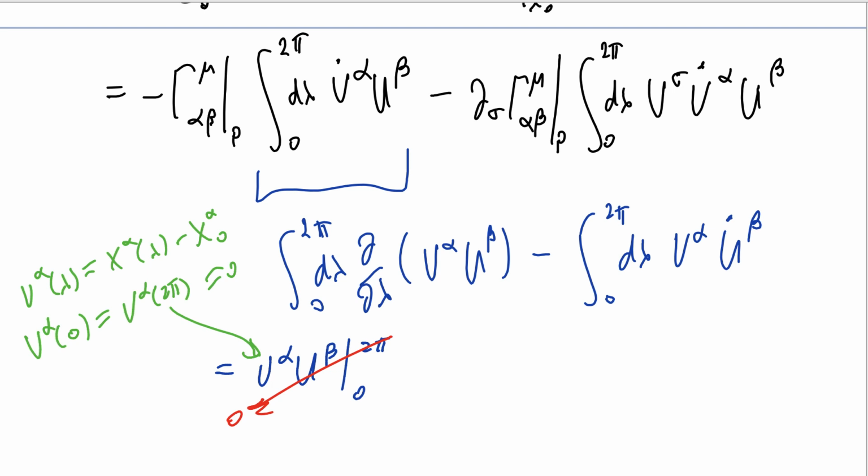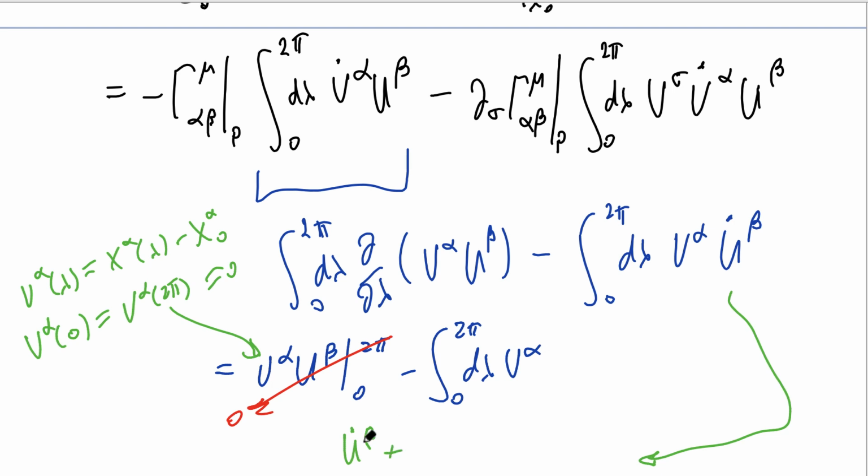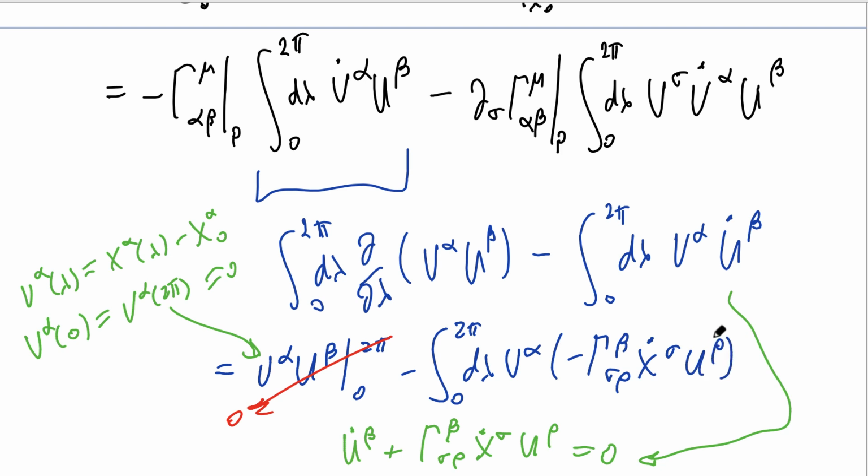And for the second term, we have minus the integral from 0 to 2π dλ v^α u̇^β. Remember u is defined by parallel transport around the loop. So u̇^β satisfies u̇^β plus Γ^β_σρ times ẋ^σ times u^ρ equals 0. So we can use this to replace u̇^β with minus Γ^β_σρ times ẋ^σ u^ρ.